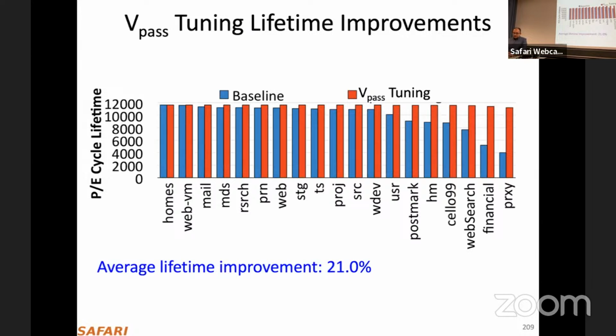Here you can see the result: on average, the lifetime improvement is 21% from VPass tuning. This is the baseline, but with VPass tuning, you can tolerate much more read disturbs.